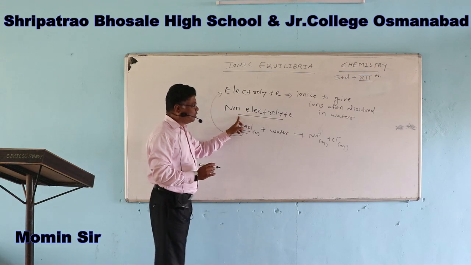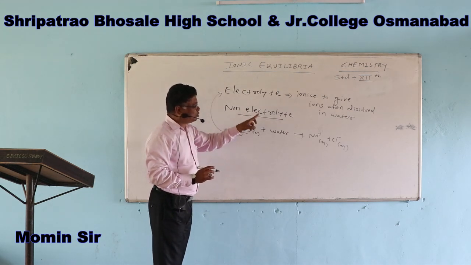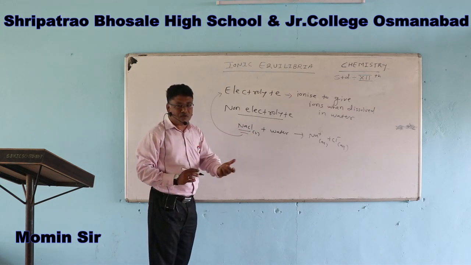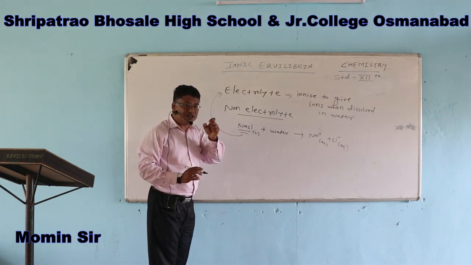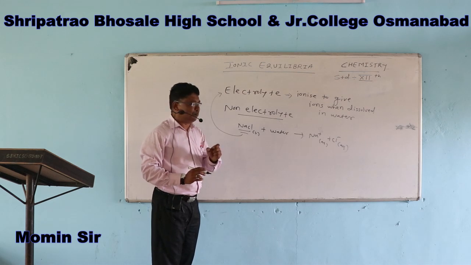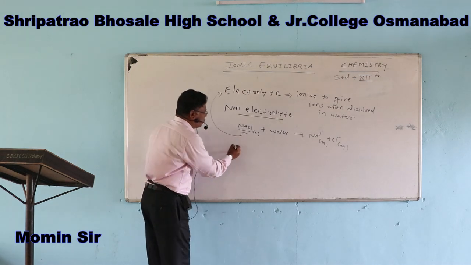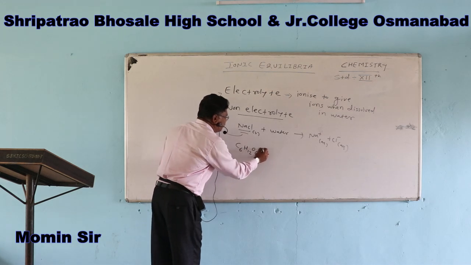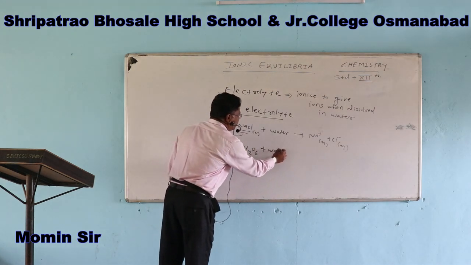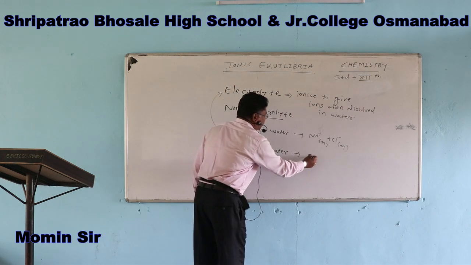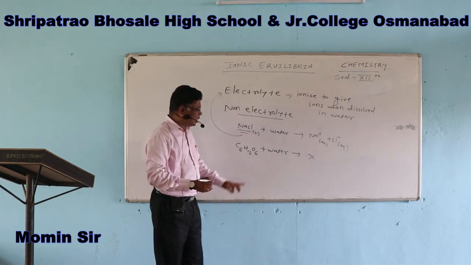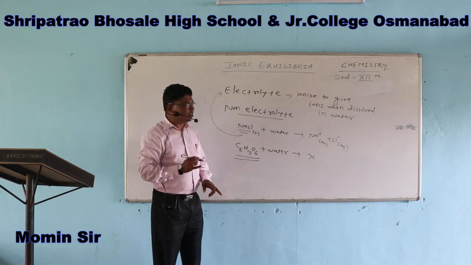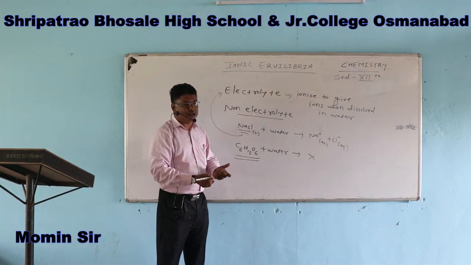Then what is called non-electrolyte? Substance which do not ionize to give ions when dissolved in water. That means it remains in the molecular form. For example, glucose C6H12O6, when dissolved in water, it does not give any ions. That means it remains in molecular state. It does not ionize.